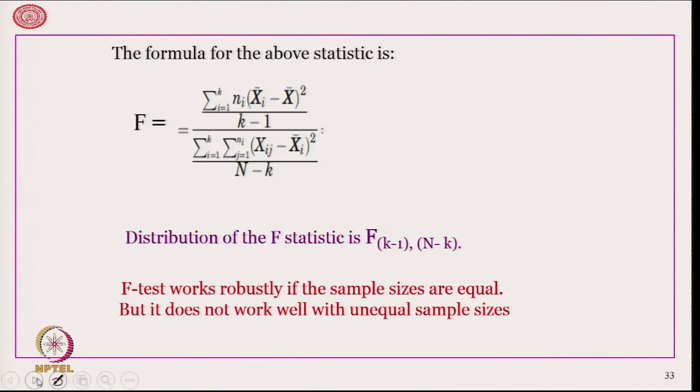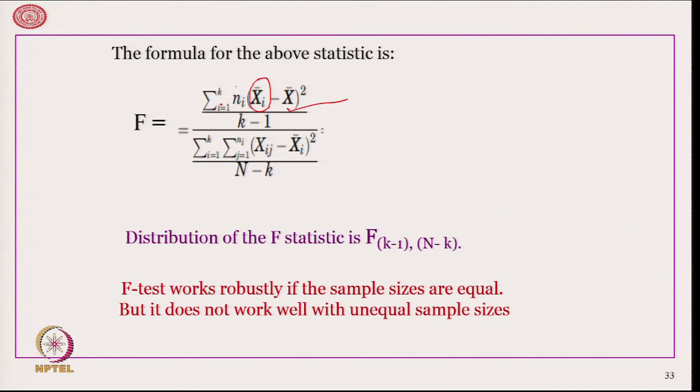It means the following, that for the ith population we are looking at the mean of the ith sample, which is x i bar, and we are looking at how much different it is from the overall sample mean considering all the samples. So, x i bar minus x bar whole square, and that we are multiplying with n i, because there are n i many observations from the ith population, and that we are summing over i is equal to 1 to k, and we are dividing by k minus 1, because all k of them are not independent, because the total sample size is constant.